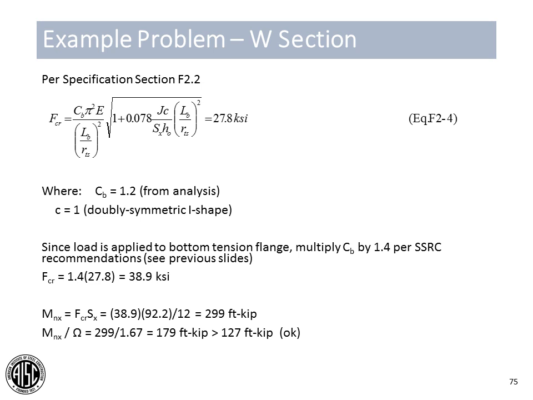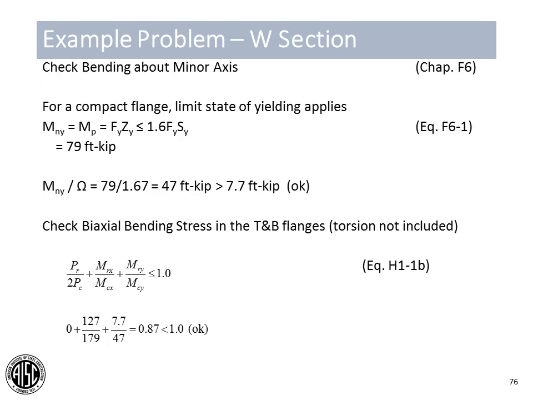We multiply that by our strong axis section modulus, come up with our nominal moment capacity, divided by our omega factor, and we come up with our allowable moment capacity of 179 kip-feet, which is greater than our moment demand of 127 kip-feet.